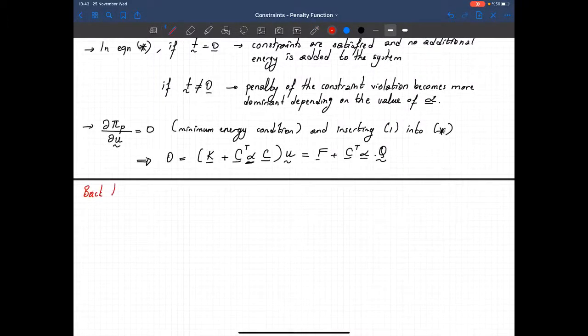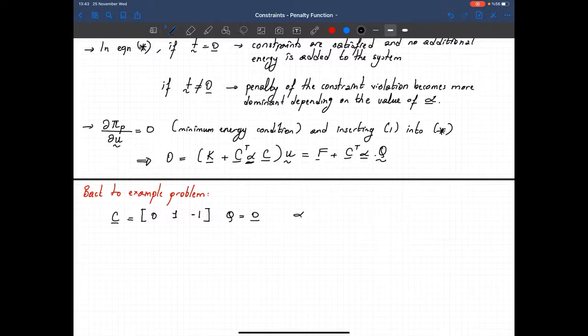Back to the example problem. Remember that my constraint equation is written as follows. C is equal to 0, 1, minus 1, and Q is equal to 0.